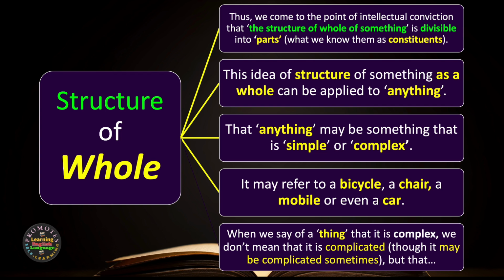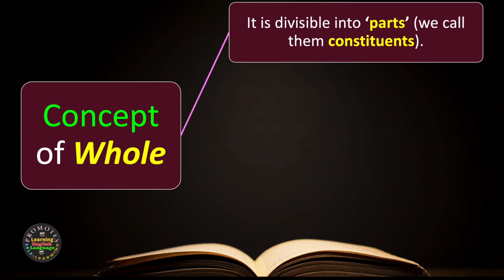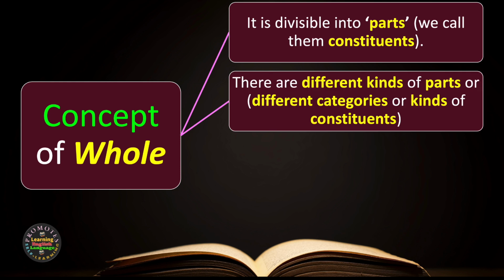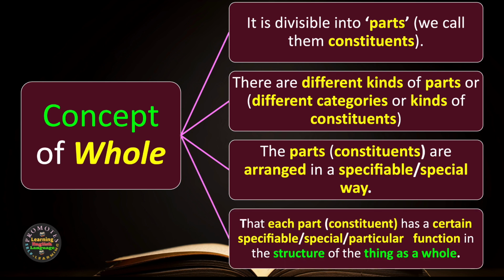We continue with the concept of whole. It is divisible into parts. We call them constituents. There are different kinds of parts or different categories or kinds of constituents. The parts, constituents, are arranged in a specifiable or special way, and each part, constituent, has a certain specifiable, special, particular function in the structure of the thing as a whole.